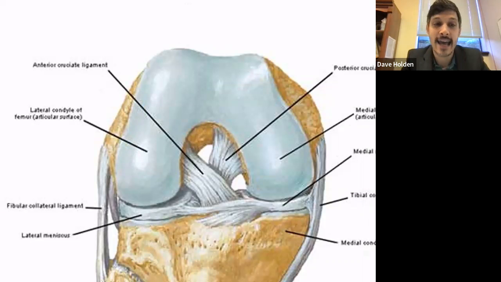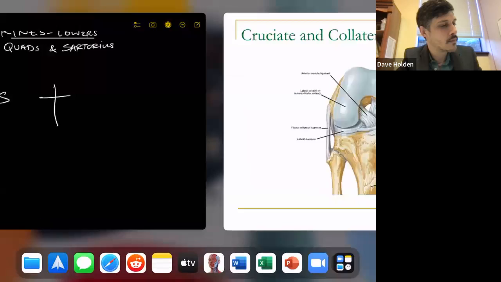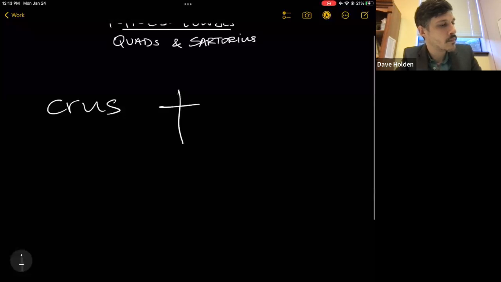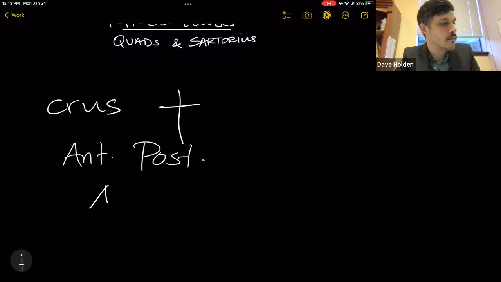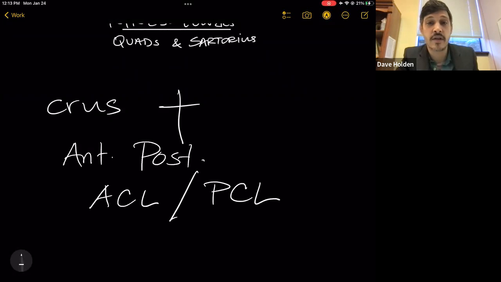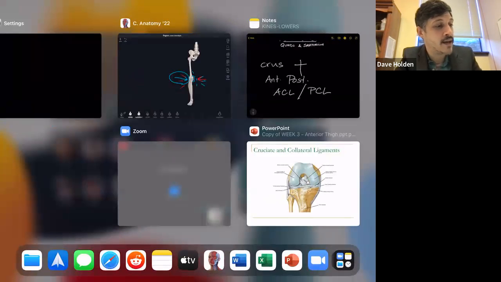That's these guys, the anterior cruciate and the posterior cruciate ligaments. Either one of those could be career-ending injuries if you are a pro football player. Luckily, my pro football career ended long ago.